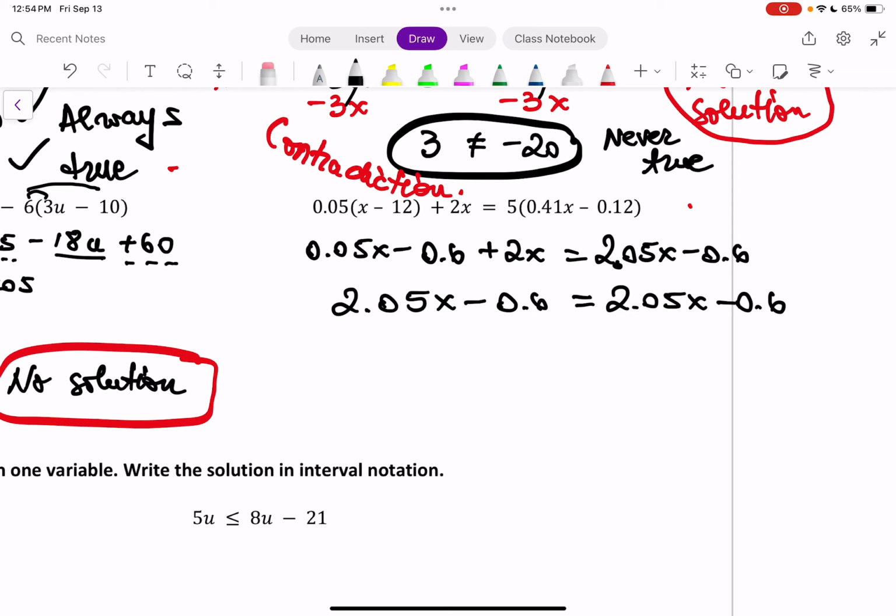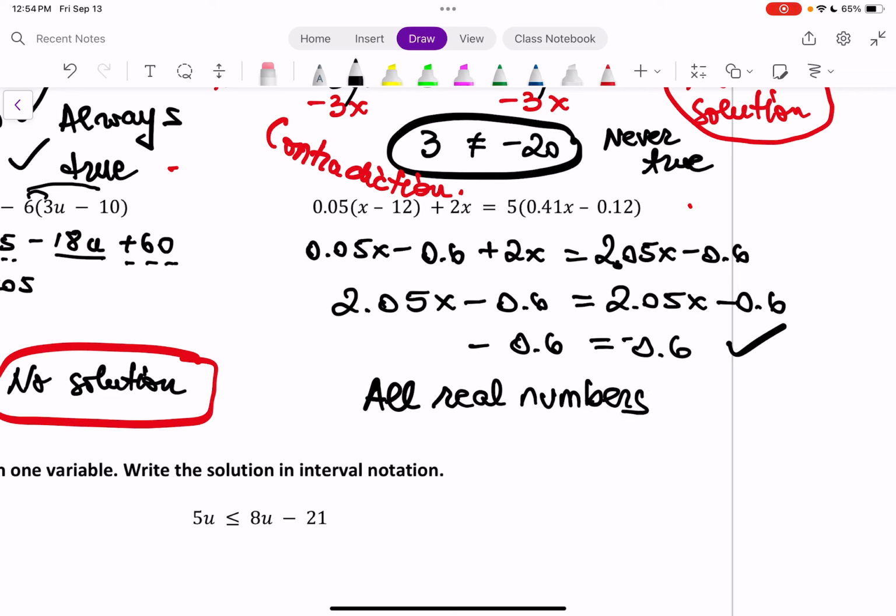You really don't need to continue to say this is an identity. Both sides are exactly equal to each other. But fine, if you want, you can subtract 2.05x from both sides, and you end up with something that's always true. So the solution is all real numbers.